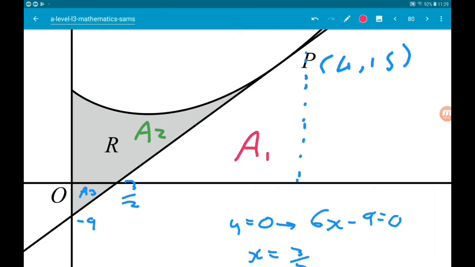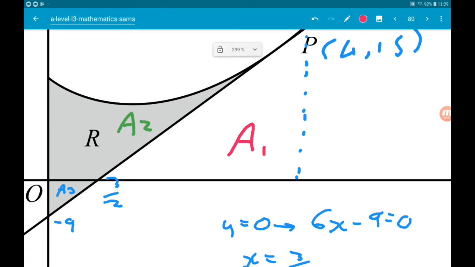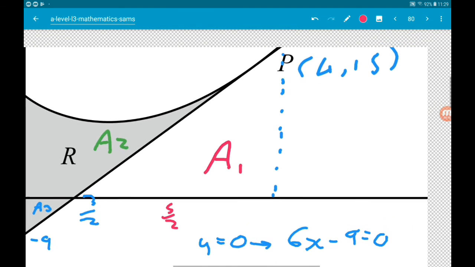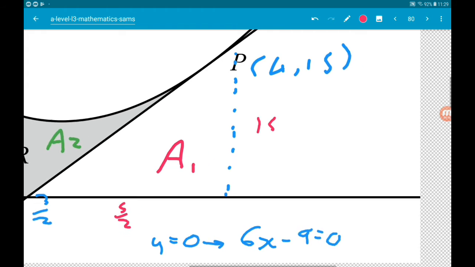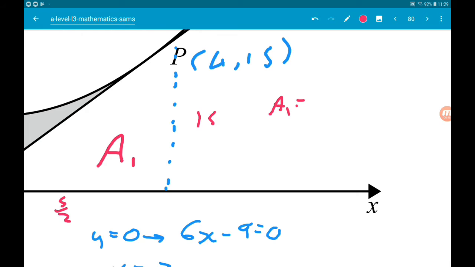So A1 is a triangle with a base of 5 halves and a height of 15. So A1 is 5 halves or 2.5 times 15 all over 2, area of a triangle, and that gives us 18.75.